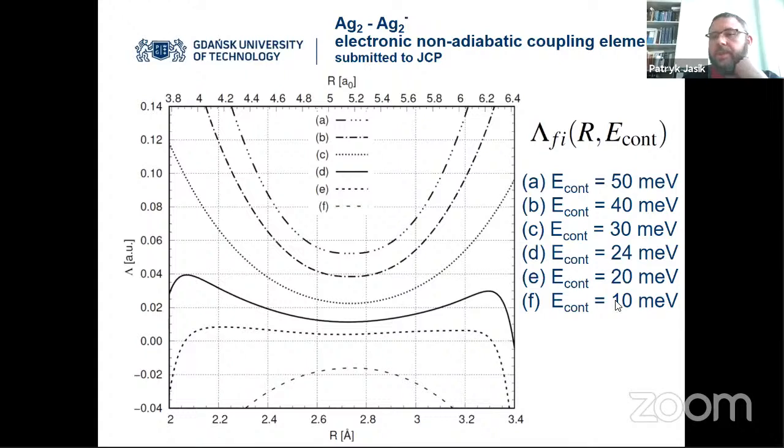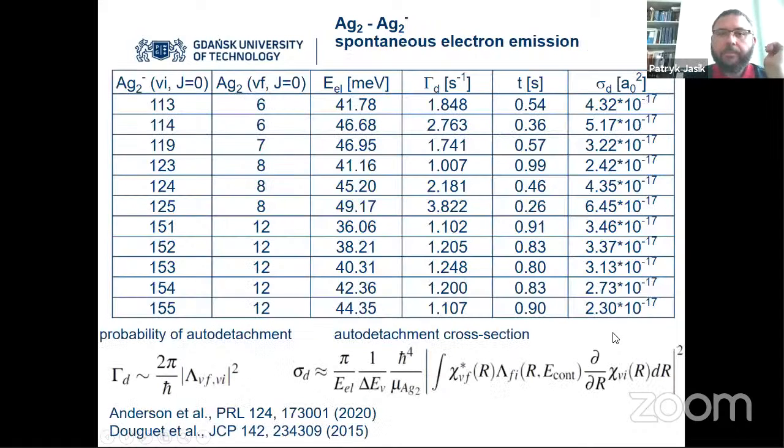So you can see here the energy of the ejected electron, and the couplings look like this. And these couplings are not so big. That is why we say that they are very weak couplings.